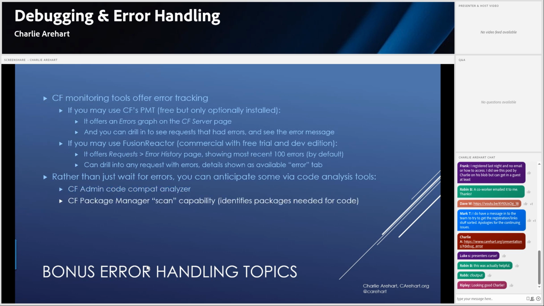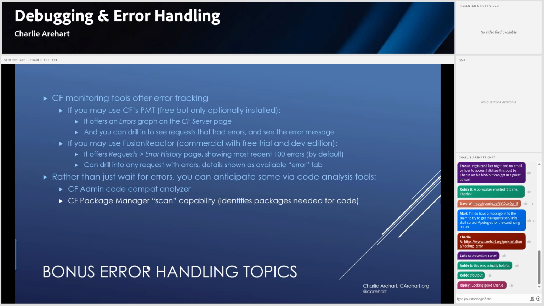Also want to tell you that since CF 2021, which has packages, this notion of packages, well, there's a package manager, and it has a scan capability, and you can run it against your code. And if you or someone who administers your CF server hasn't properly put in the packages that are needed, you're going to get an error that says, hey, you didn't add the package needed to do a call to Postgres or to do CF HTML to PDF because you didn't add the HTML to PDF package.